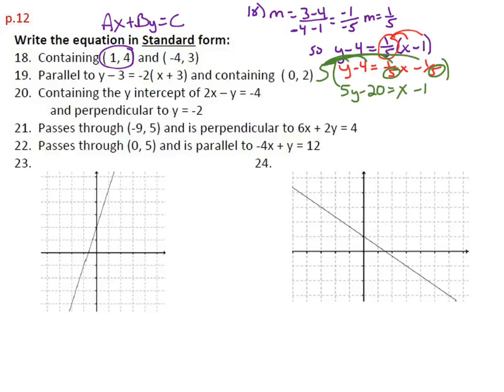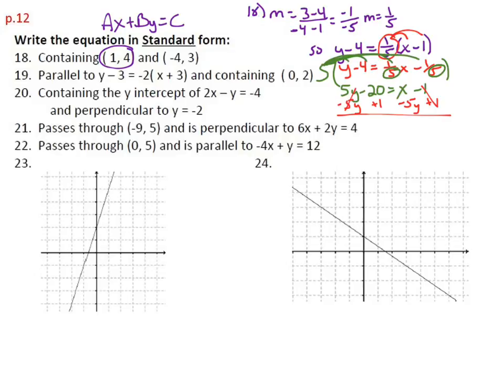So now we want our x and y's on one side, and then we want the constants on the other, keeping in mind that we do want our x, or the A value, to be positive. So I'm going to move the 5y to the right side and add the 1 to both sides.